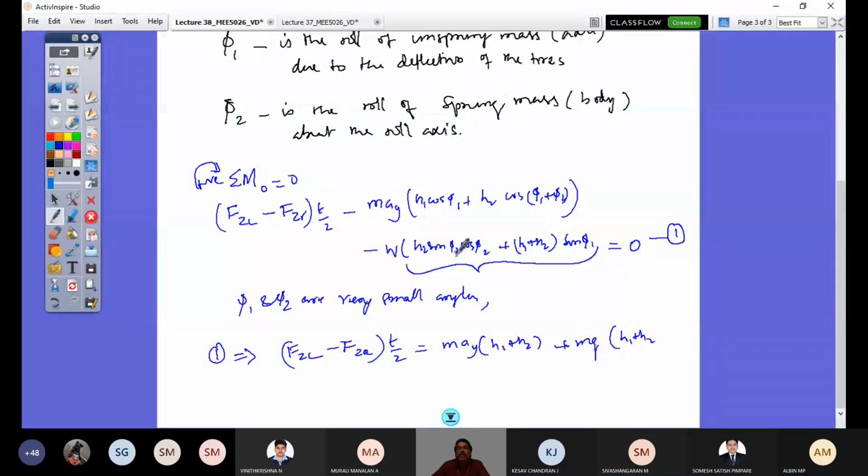Sin phi 2 is phi 2, cos phi 2 is 1. So H2 phi 2 here, H1 plus H2 sin phi 1 becomes phi 1. So H1 plus H2 into phi 1, and here H2 phi 2, and this all in a single bracket. And this is my equation 2.